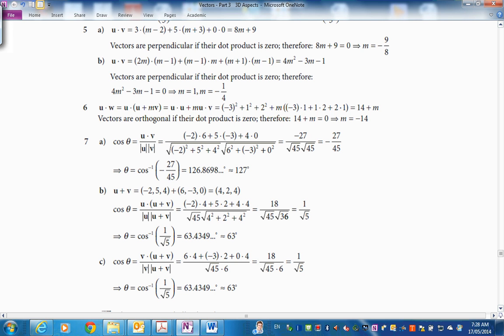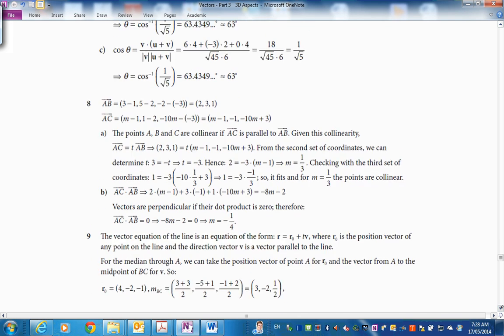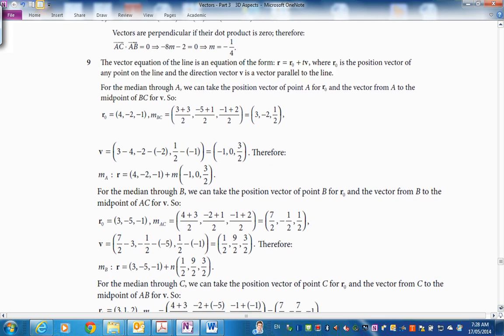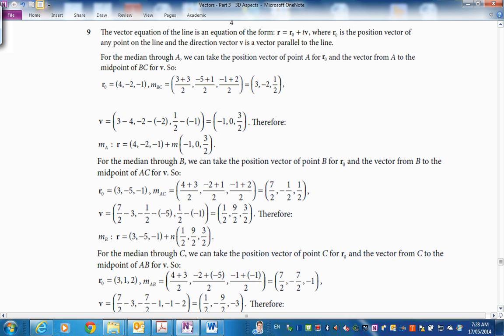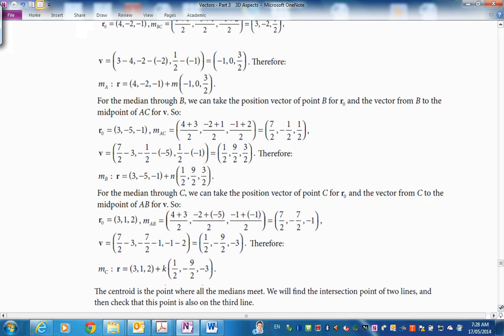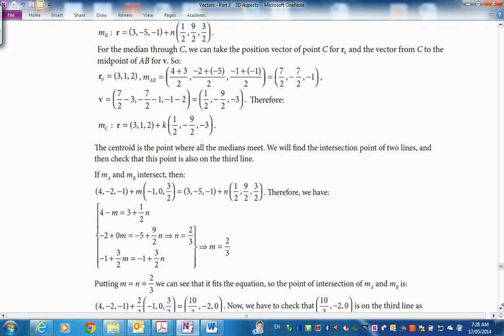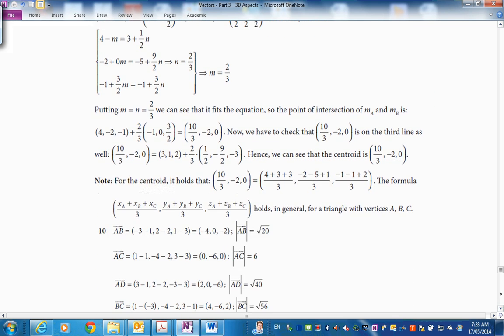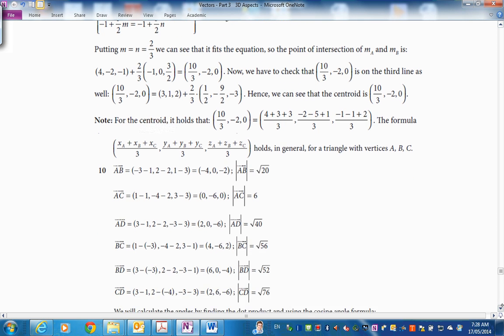Question 5 and 6, part of 7. There's 8. Part of 9. See if 9's a bit of a big one here. I think 9 is a bit outside the course there. Go to 10.